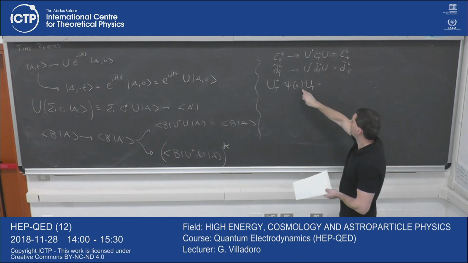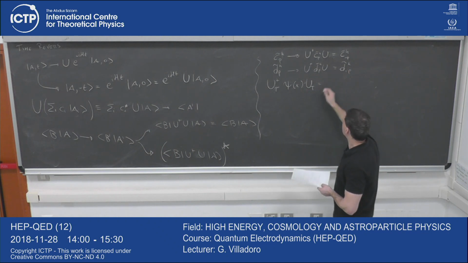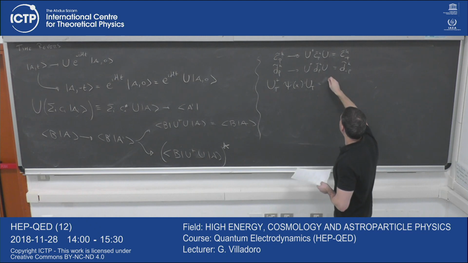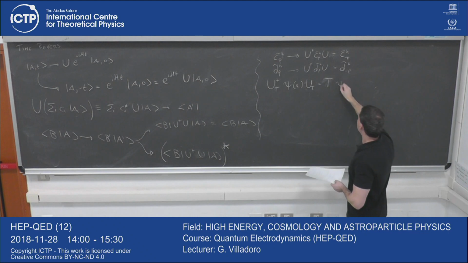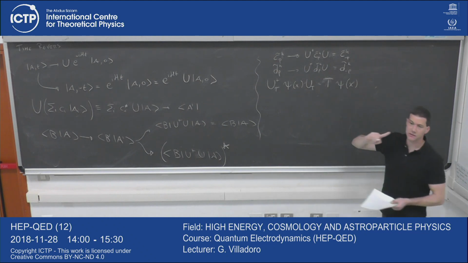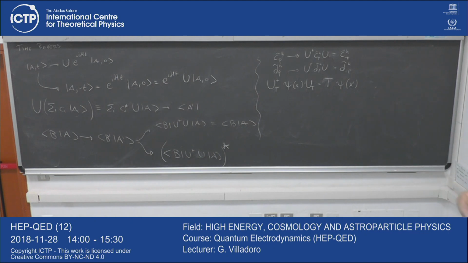So this must be equal to some matrix, let me call it T, on the spinor index times psi of x prime. x prime now is the 4-vector for the position where only the 0 component is inverted, the time component and the space component are not, because it is really time inversion.